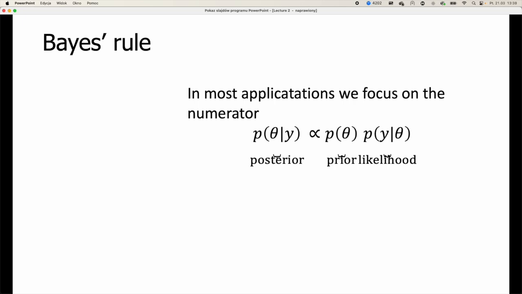So the conditional probability of parameters conditioned on data we call the posterior probability distribution, because this is the probability of parameters after we've added information about data. Then there is the prior, the information we had about the parameters before we had any data.